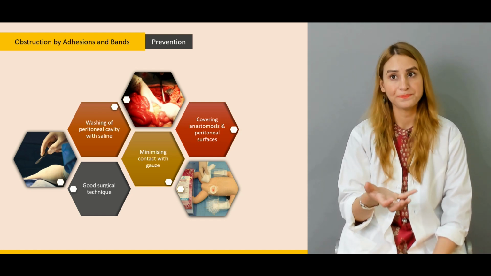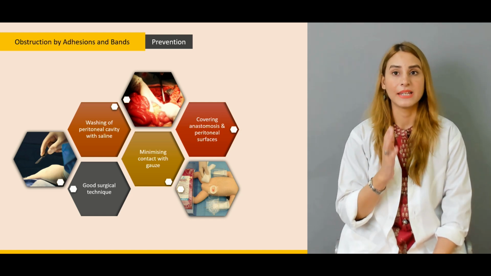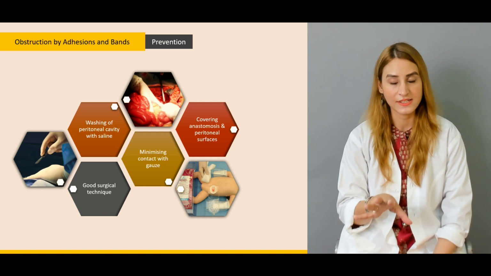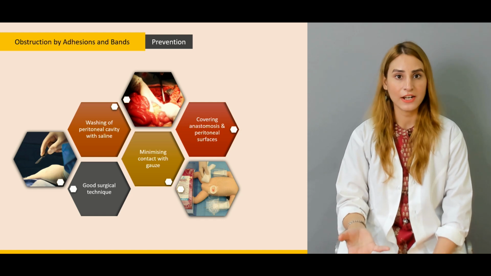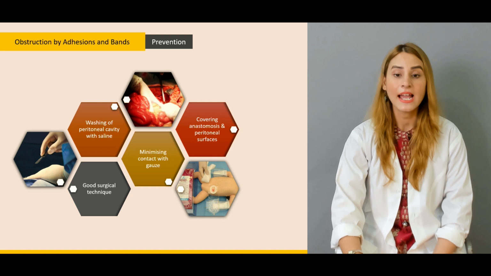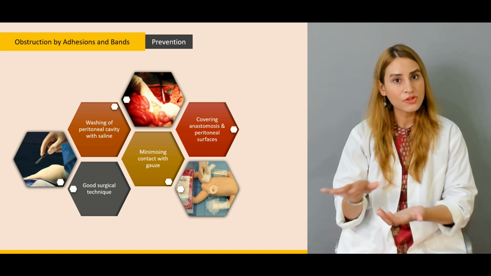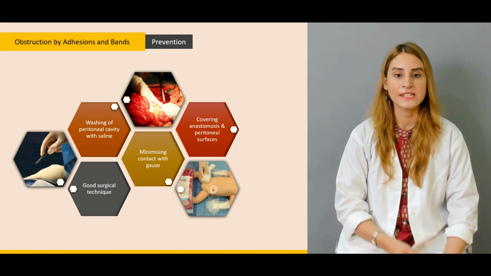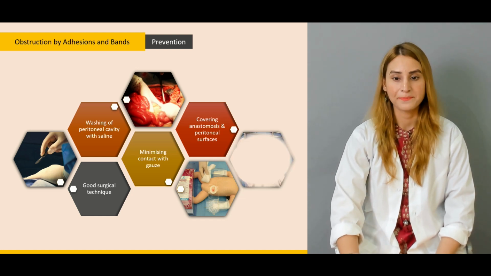It has a dual advantage: it minimizes the formation of adhesions and bands, and it also minimizes the risk of infection and sepsis after post-operative infections. And if we cover the anastomosis with a mesentery, or we cover the peritoneal surfaces, that can also lead to the prevention of the adhesions and the bands.